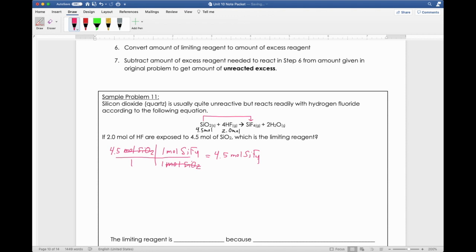However, that doesn't tell me anything because we don't know how many moles of silicon tetrafluoride can be made from 2 moles of hydrofluoric acid.